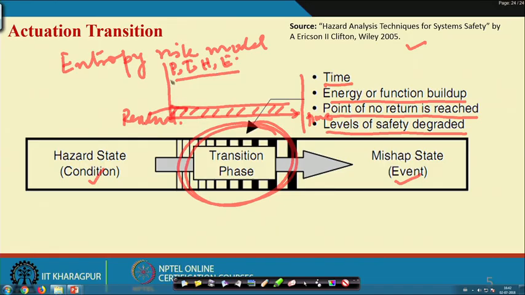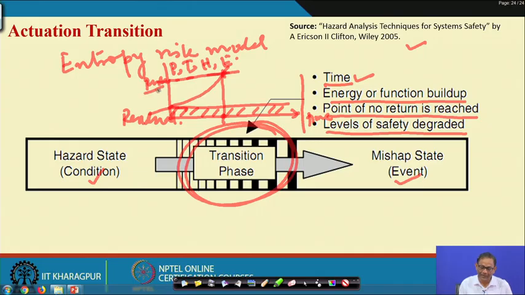So, that deterioration ultimately leads to an increase in risk. So, there will be a threshold risk. This is the time when the risk increases toward the threshold. What risk? This is known as entropy risk.